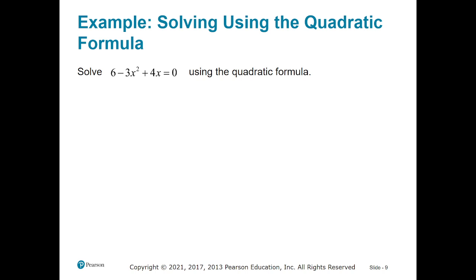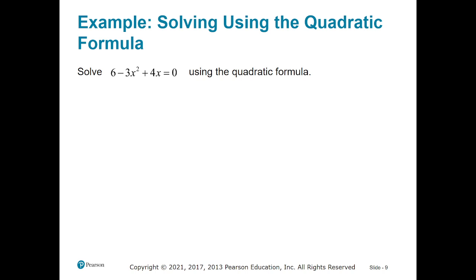The quadratic formula says x is equal to negative b plus or minus the square root of b squared minus 4ac, all divided by 2a. So now I'll start plugging stuff in. b is 4, so I'll have negative 4 plus or minus the square root of 4 squared minus 4 times a times c.